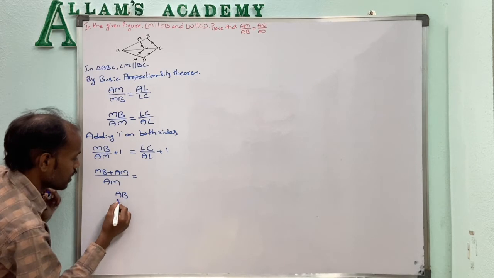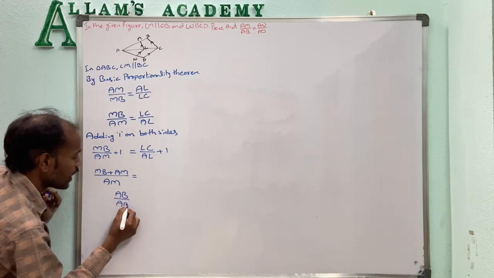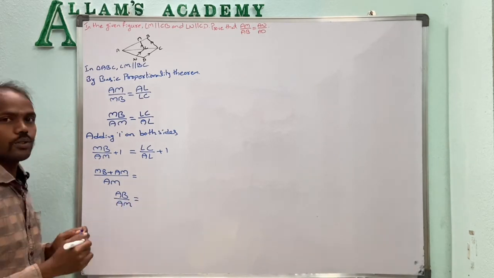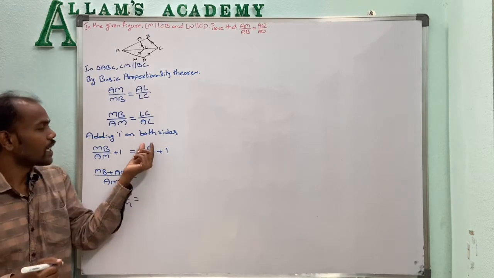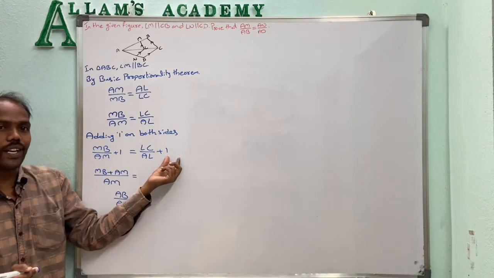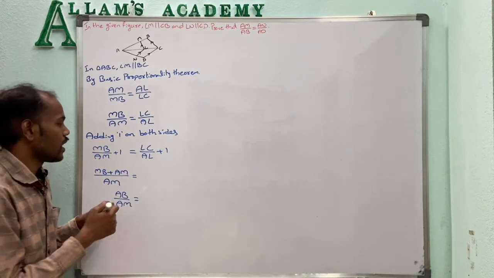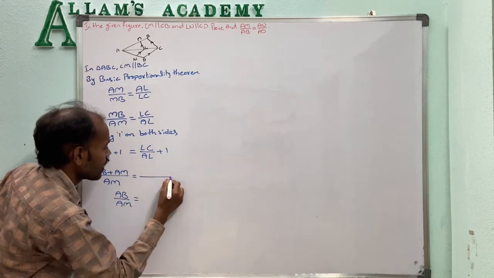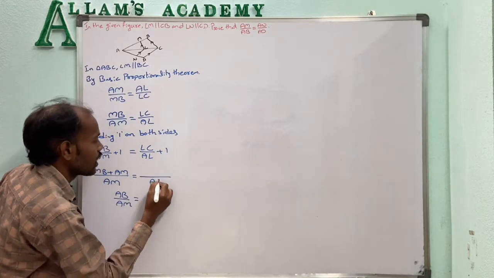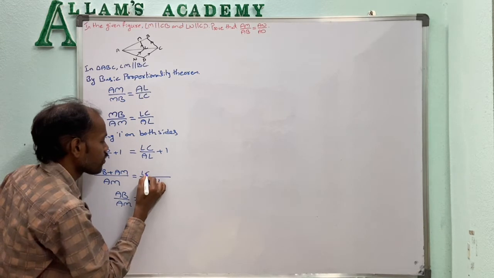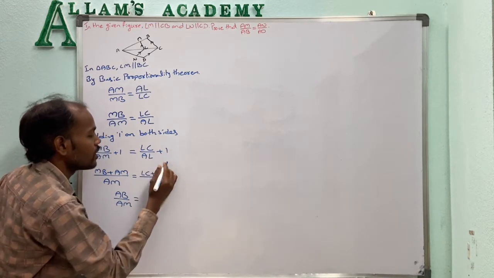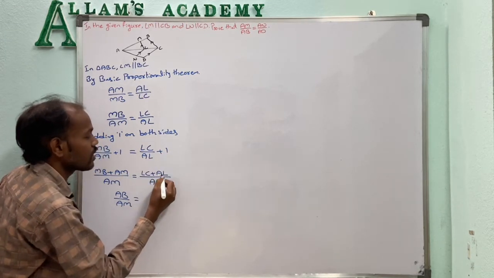So AB by AM equals, on the right side, taking LCM AL, LC plus AL over AL.